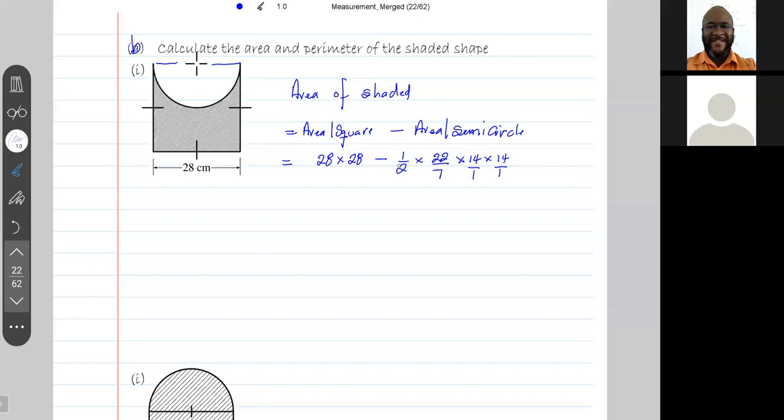So 2 cancels this 11, 7 cancels this 2. So we have 28 times 28, which is 784, minus 11 times 2 times 14.